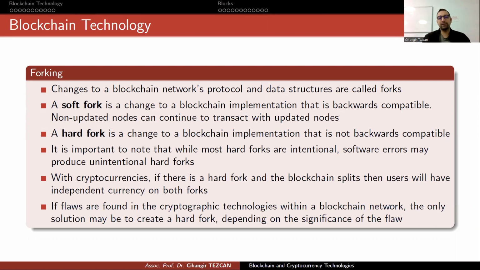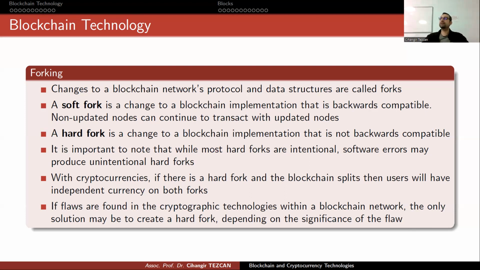If flaws are found in the cryptographic technologies within a blockchain network, the only solution may be to create a hard fork, depending on the significance of the flaw. So in the past, this happened. For instance, assume that you have a cryptocurrency, but your mining algorithm is the same as the Bitcoin mining algorithm. So most probably only a few people will be using your cryptocurrency, but there are a lot of miners for Bitcoin.